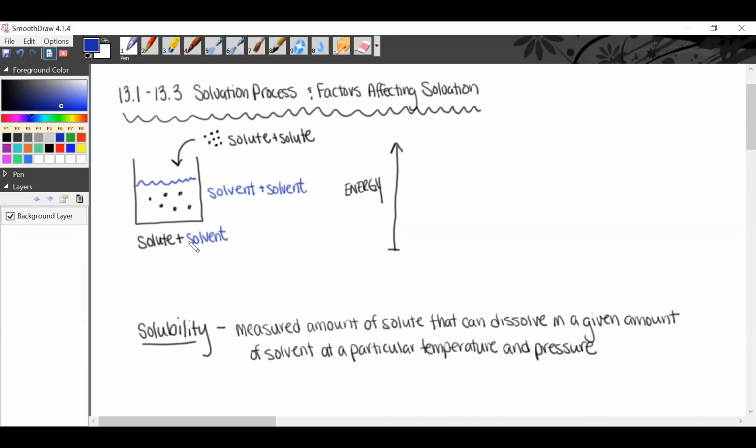And if these attractions are strong enough, then we're going to get a nice stable solution, with the solute able to dissolve in the solvent. That's why we have that rule, like dissolves like. In other words, the solute has to have similar IMFs to the solvent in order to have these solute-solvent interactions.